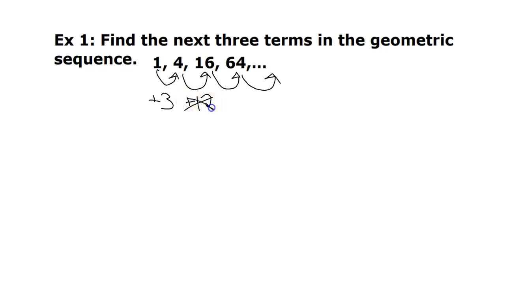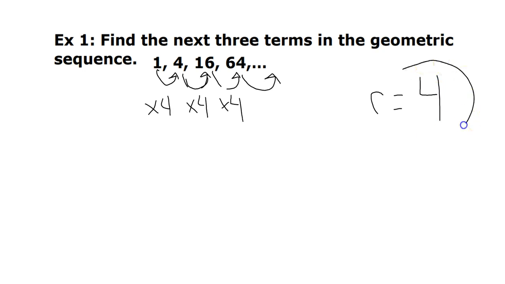So we can see right here, this is not an arithmetic sequence, since we're not increasing by some sort of common difference each time. But what you probably already noticed is if I take 1 multiplied by 4, I get 4. If I take 4 multiplied by 4, I get 16. 16 multiplied by 4, I get 64. So you can see here that our common ratio, or our R number, is a 4.